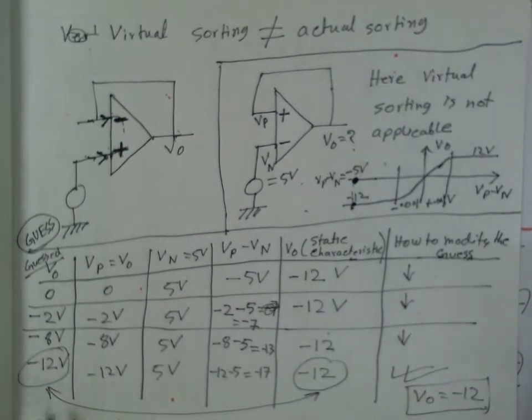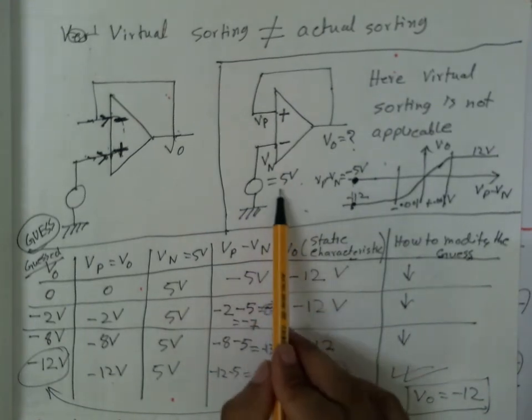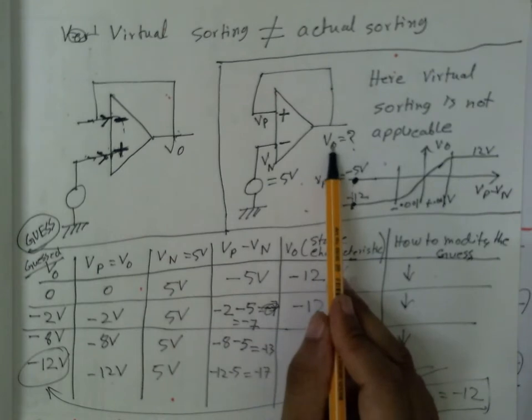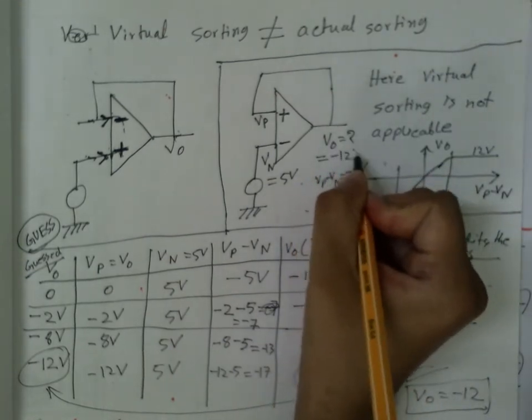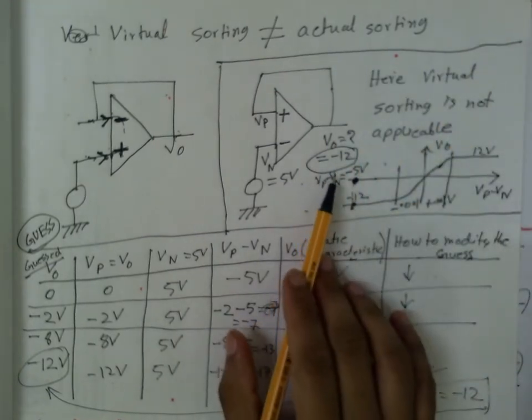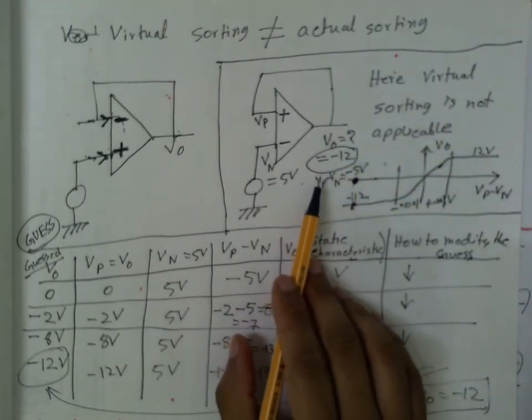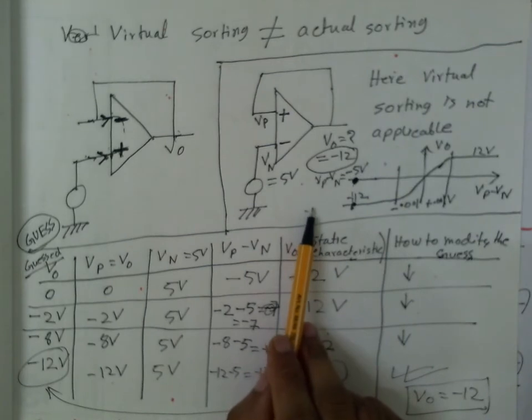Excellent. So what we see is that in this circuit, if we give plus 5 volt here, the output will be minus 12 volt. This situation we call a saturation situation, where the output goes to the extreme possible minus value.